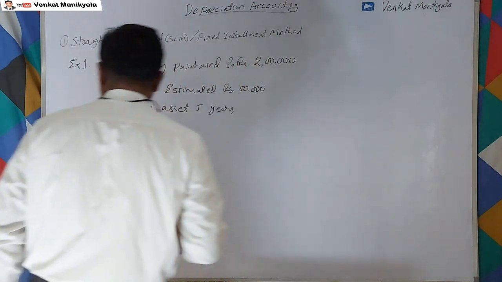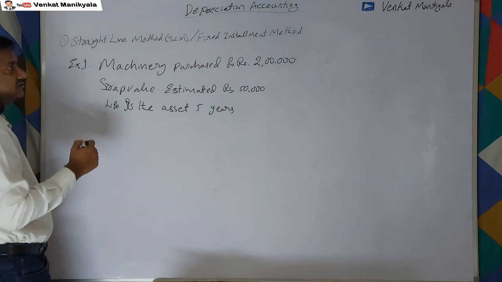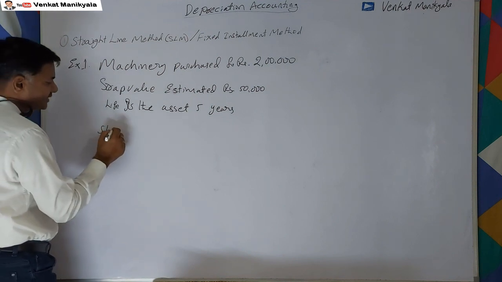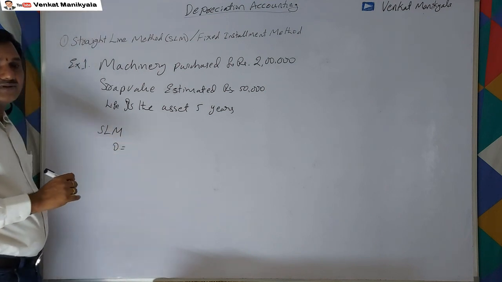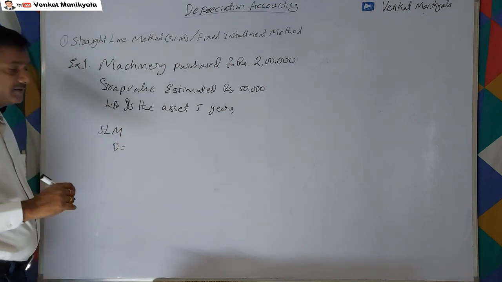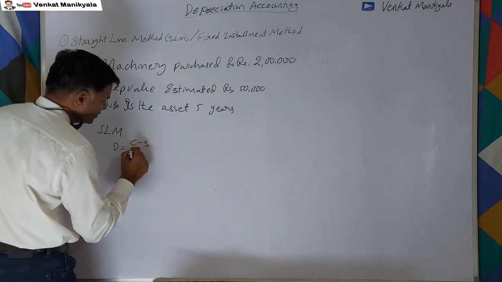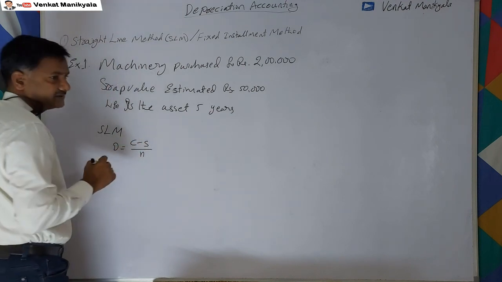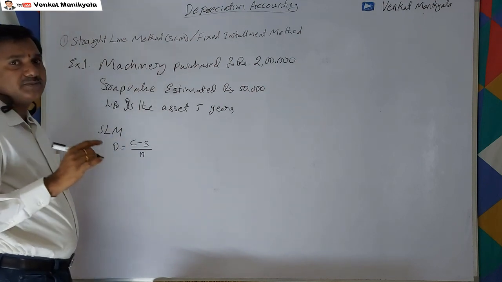Here the working notes are the calculation of depreciation under the SLM method, straight line method. The depreciation, as we discussed in the previous video, is equal to cost minus scrap value divided by number of years. By this formula we can find out the depreciation.